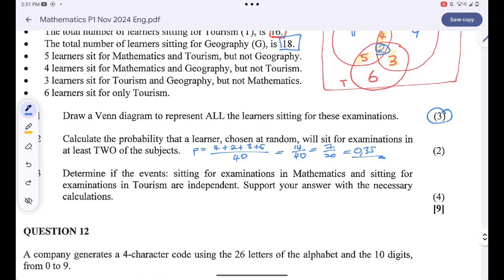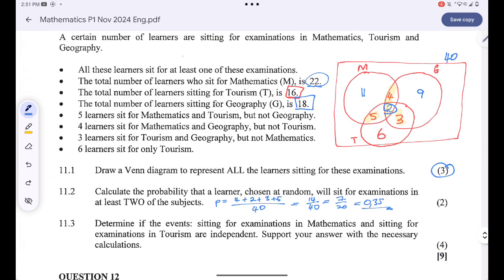Determine if the events of sitting for examinations in mathematics and sitting for examinations in tourism are independent.